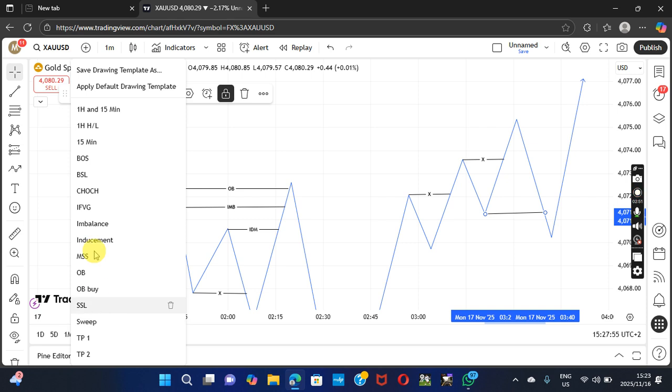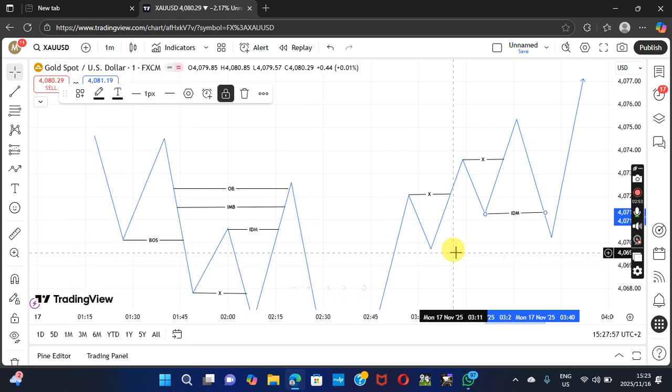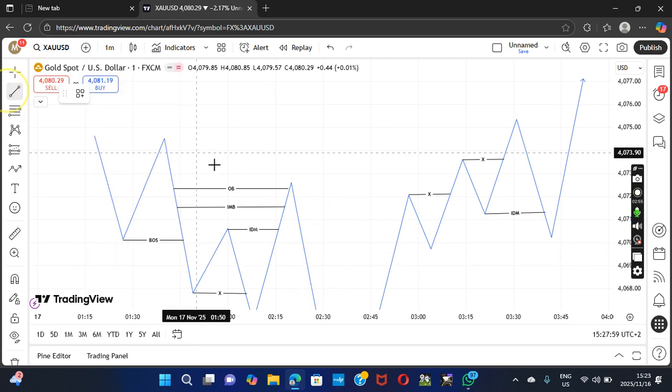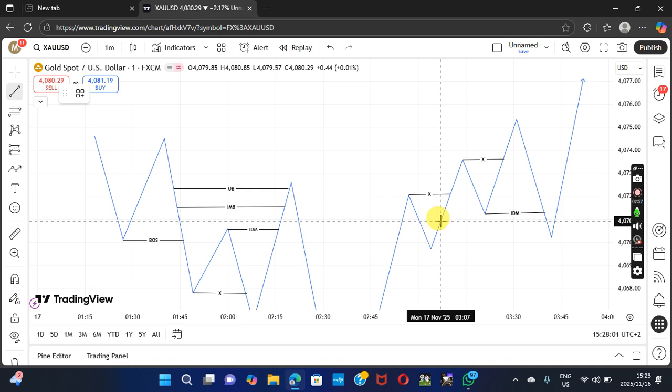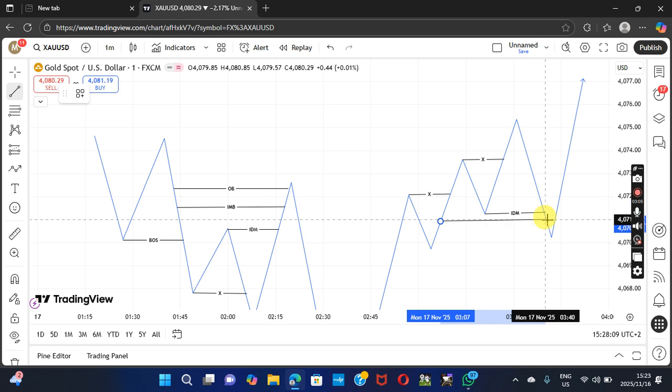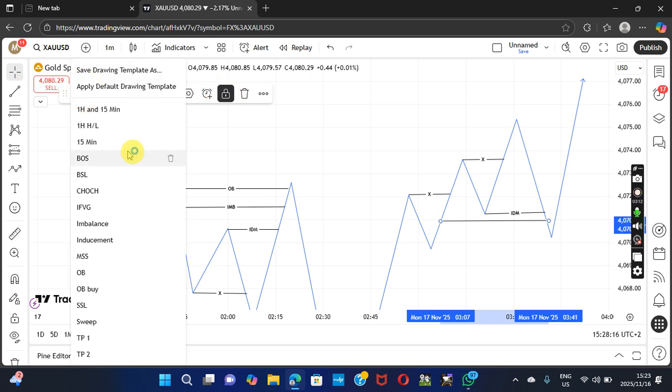So inducement, and where there's an inducement, it stands for what? It stands for liquidity near an order block. Therefore, there must be an order block nearby. So let's take this as our imbalance.